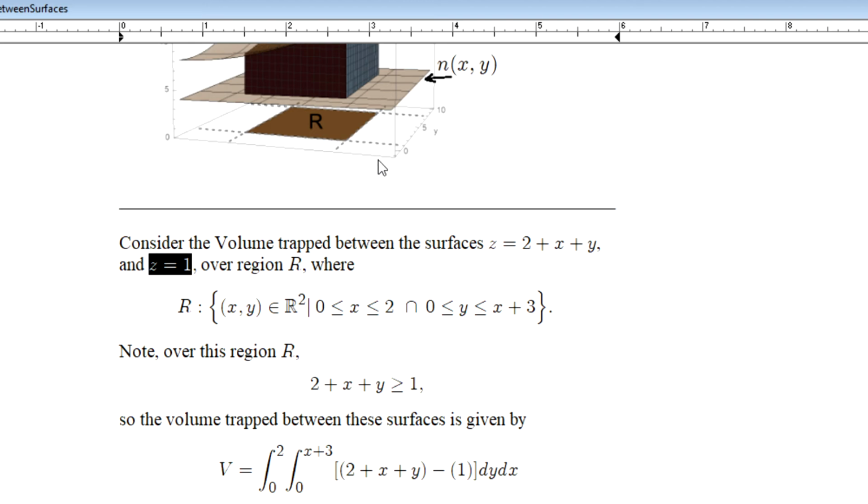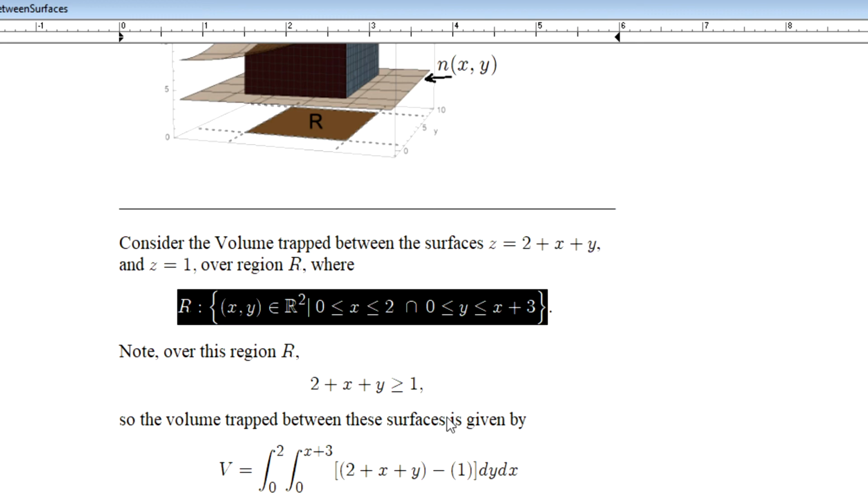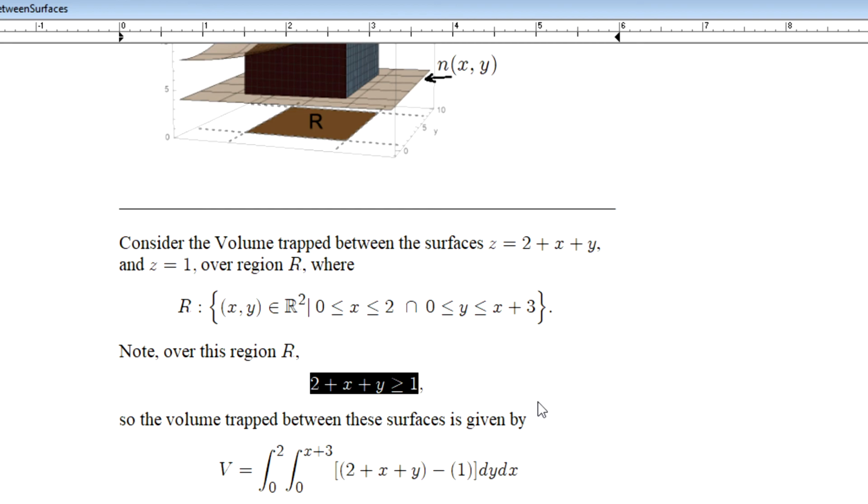It's what we might think of as a flat level plane in space, a lot like what I have up here in my illustration, crossing through my z-axis at 1. So it will always equal 1, whereas this will always be 2 or greater over this region of R, which allows me to draw this result.